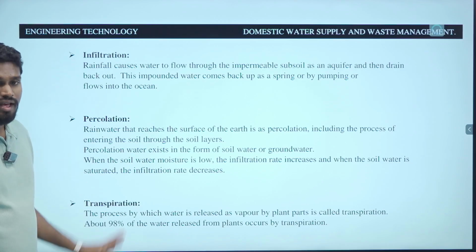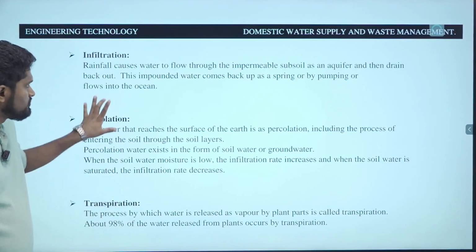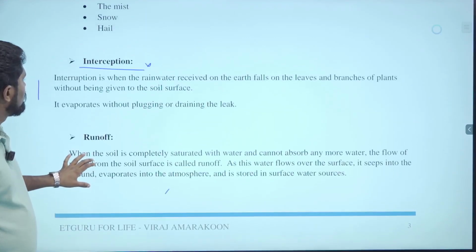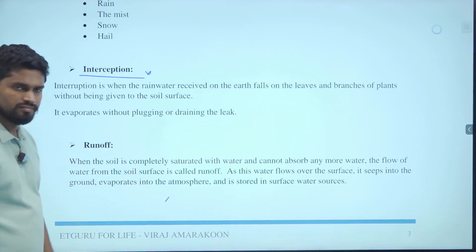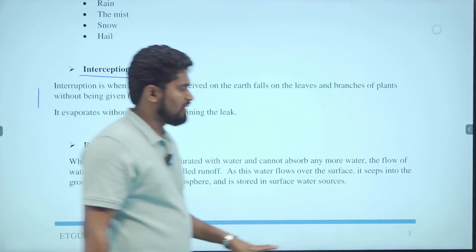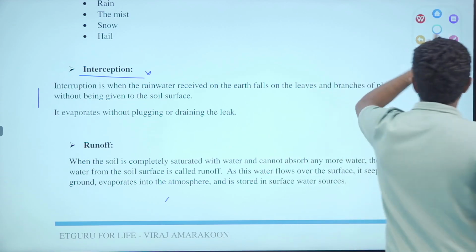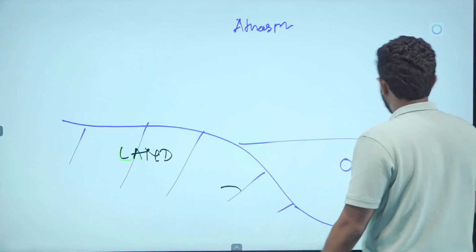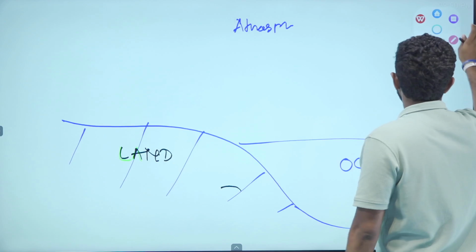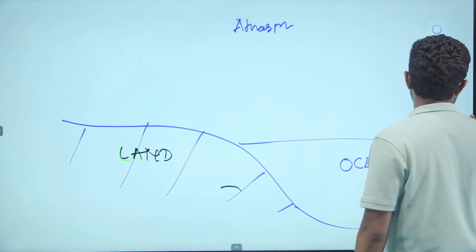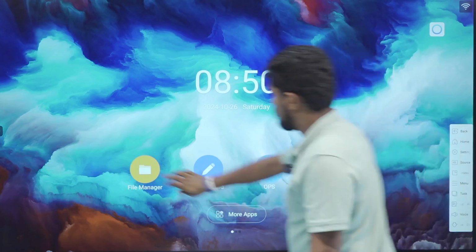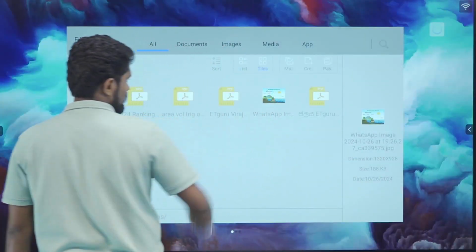Okay guys, we are coming to the special part, interception. I am moving again to our water cycle.